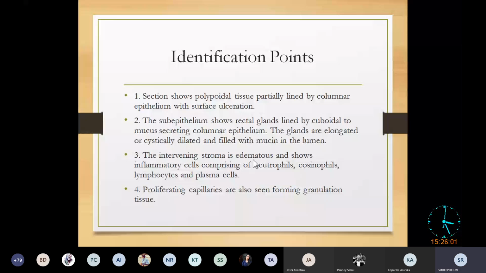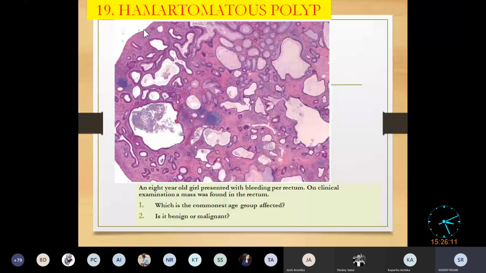This is a polypoidal tissue which is lined by columnar epithelium, as it is from the rectum. The rectum is commonly lined by columnar epithelium, so a polyp arising from the rectum will also have a lining of tall columnar epithelium.